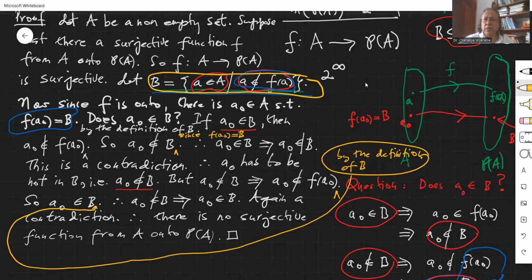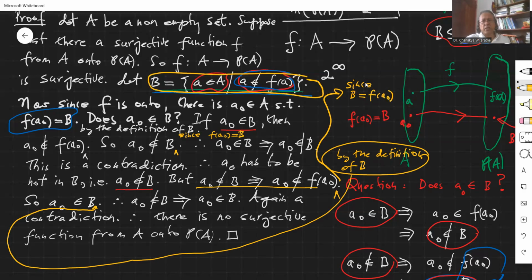But here it should be: A naught doesn't belong to B implies A naught doesn't belong to f of A naught, since B is equal to f of A naught.